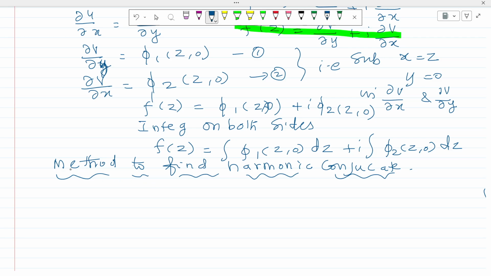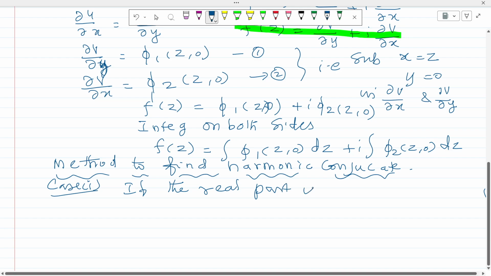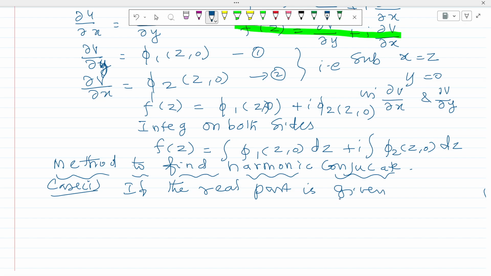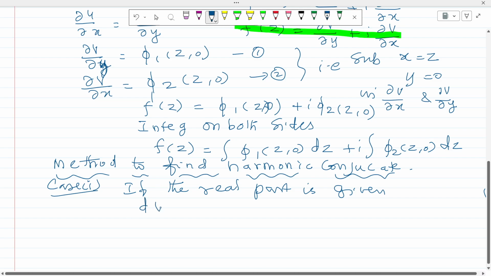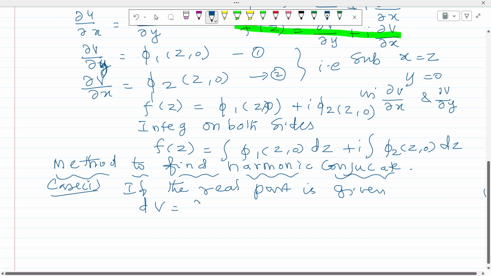Case 1. If the real part is given, then how to find the imaginary part, that means the harmonic conjugate? Write dv equal to ∂v/∂x dx plus ∂v/∂y dy.